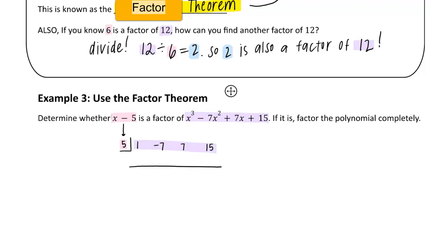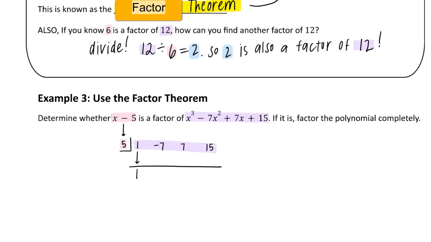So instead of -5, we're going to put +5 in the box. You write out the coefficients of the polynomial. Make sure every power is represented. I see that it's a degree 3, so I know it goes degree 3, 2, 1, 0. So every power is represented here, and I write out those coefficients.